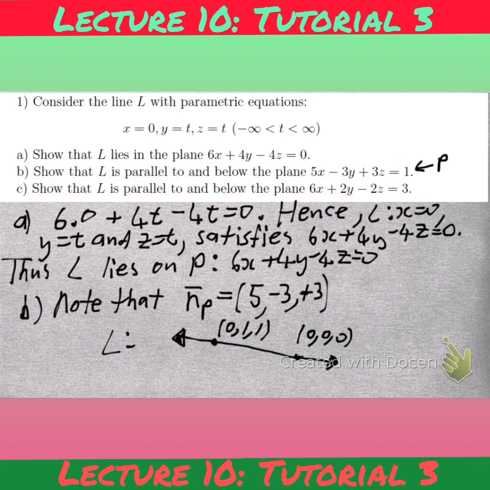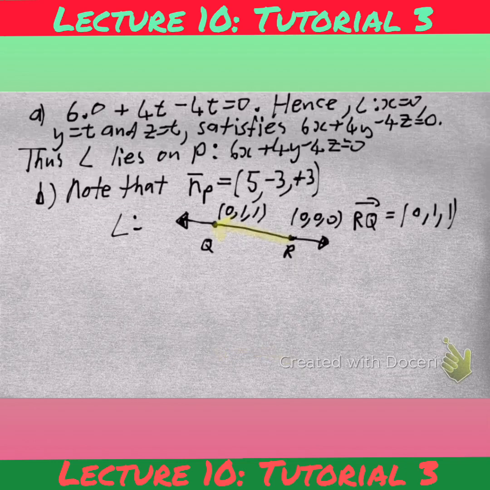And now I'm looking at that vector. We'll call it the vector RQ. The vector RQ is the vector (1, 0, 1) minus (0, 1, 1).